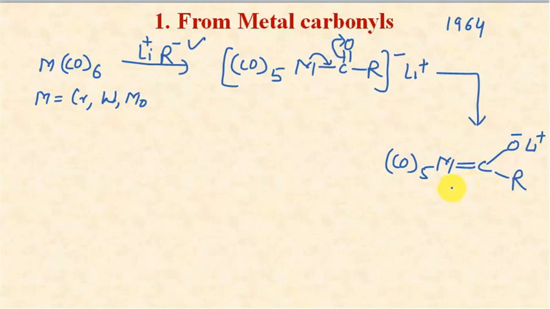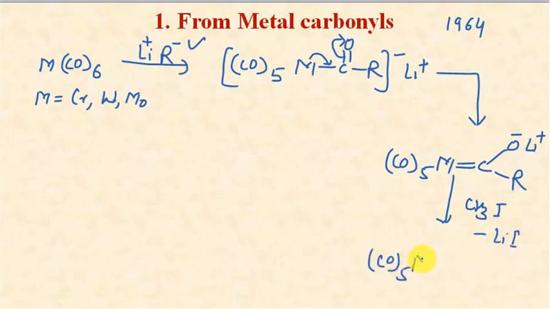After this step, when we treat this compound with alkyl iodide, particularly methyl iodide, lithium iodide is removed, and we get (CO)5M double bond C, with an OCH3 methoxy group and the R substituent. As I told you earlier, this M may be Cr, chromium, tungsten or molybdenum.